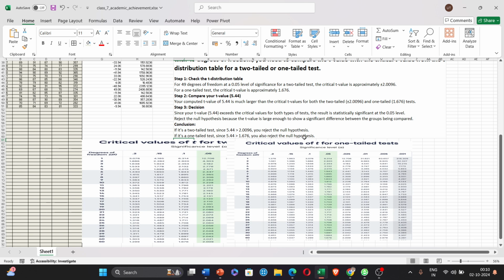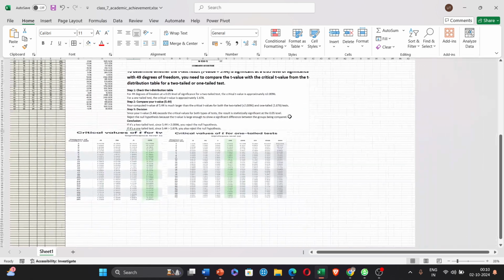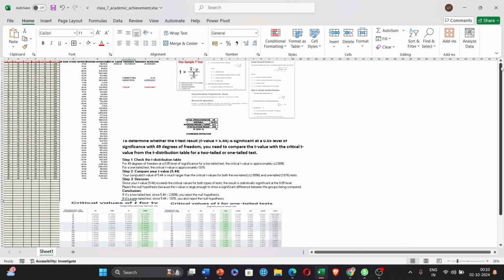But here, if we took the hypothesis as our alternative, then we accept our alternative hypothesis. So this is all about the one sample t test. Next we can go for another test, that is the independent t test.